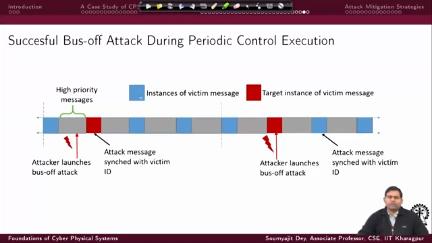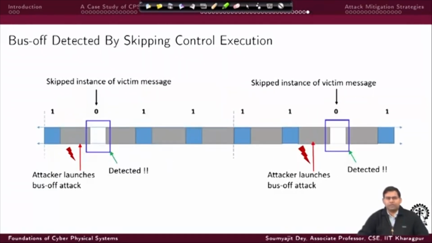So, let us say here you have the attack message synced with the victim, and these are the instances of the victim message, and you are again targeting this victim message here and launching the bus attack. Eventually the attack message will get synced with the victim message.